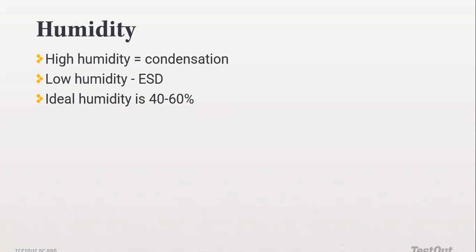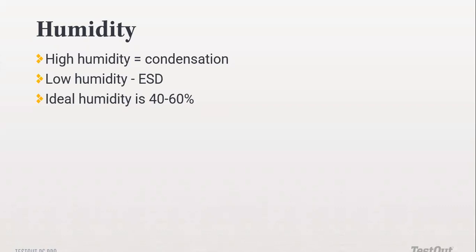So we said that in order to reduce the chances of electrostatic discharge or protect your environment, you have to understand that if you have high humidity within your workspace, you're going to face issues with condensation, which is where water changes state from gas to liquid.